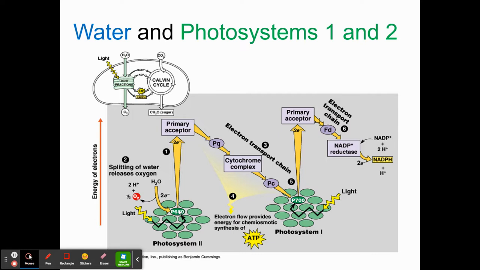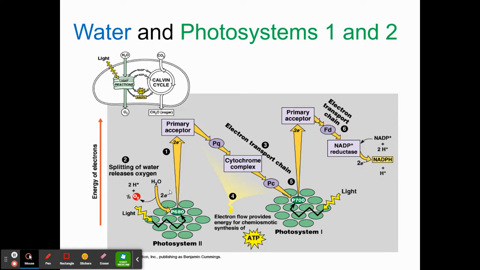We need to fill that hole with 2 electrons. Where do those electrons come from? They come from water. And light energy is going to split the water into 2 protons, 2 electrons, and half of an oxygen molecule. So it takes 2 water molecules to make an O2 molecule.